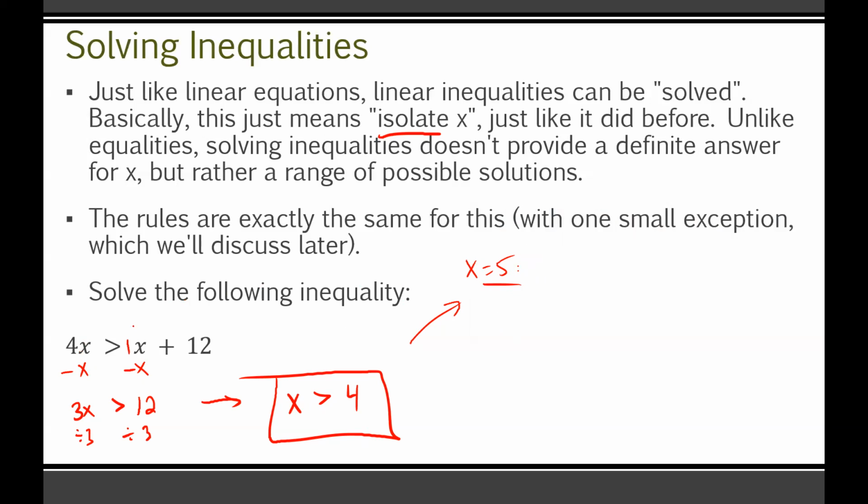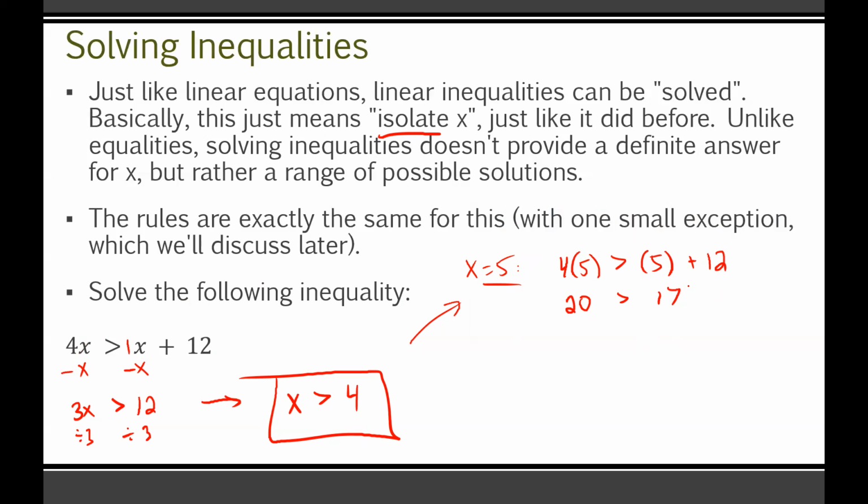If x was equal to 5, we would have 4 times 5 is greater than 1 times 5, so just 5, plus 12. Well, let's see if this is true. 4 times 5 is, of course, 20, is greater than 5 plus 12 is 17. So we have an expression that now says 20 is greater than 17.